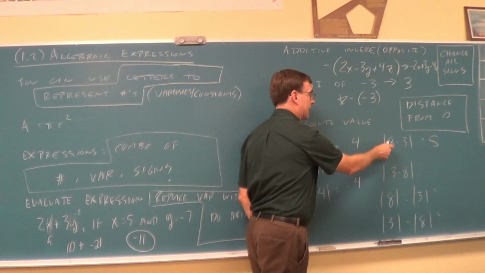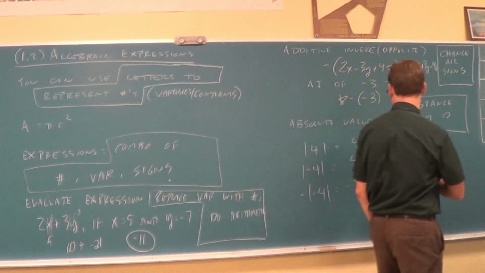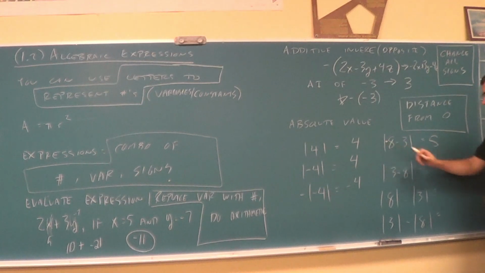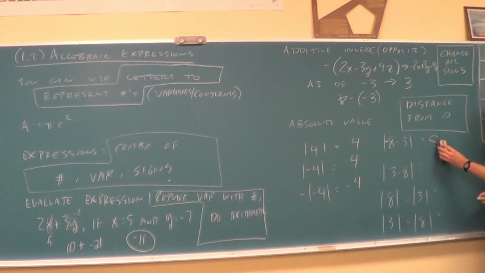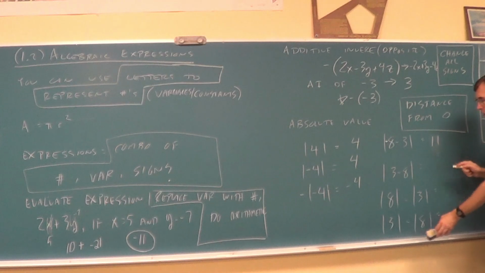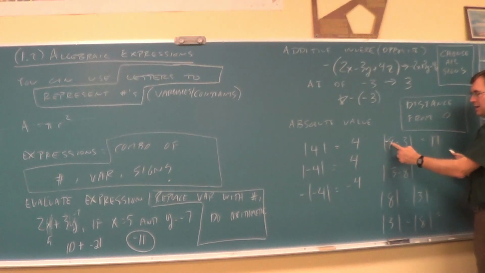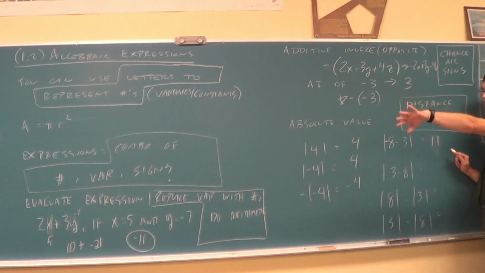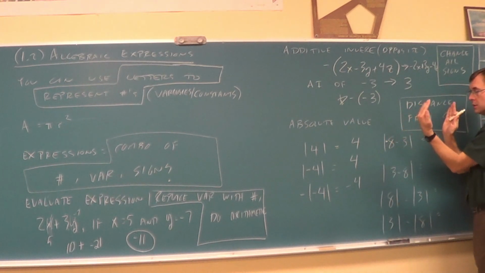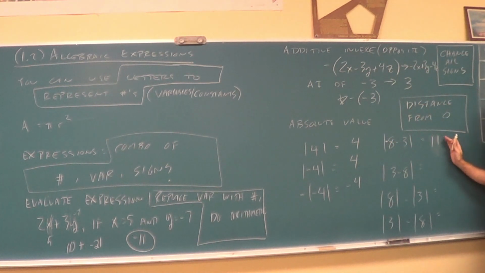If I go like this, and I insert a negative there, I stick a negative on the 8. Is that still 5, or is this a new thing? It's a new thing. What new thing is that? It's now 11. Because if you have -8 and you subtract 3 more, what are you down to? -11. And then the bars makes it an 11.